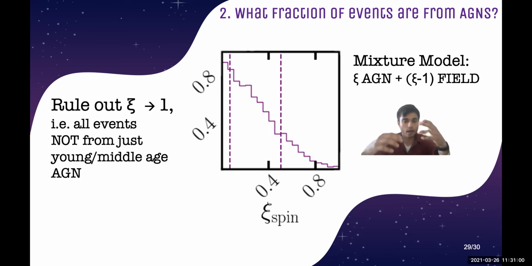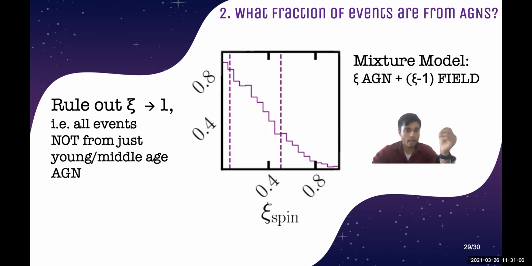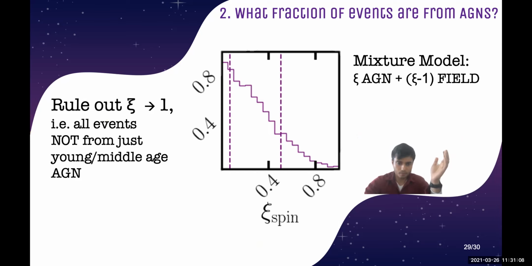We can analyze our data with this model and see what values of Xi we get. We see that we rule out the possibility of Xi equaling 1. There's no probability weight at Xi equal to 1. That tells us it's unlikely for the mergers we've seen so far to just come from AGNs.